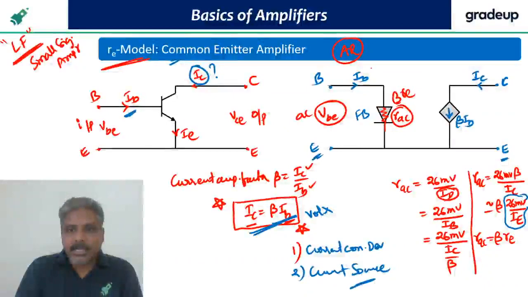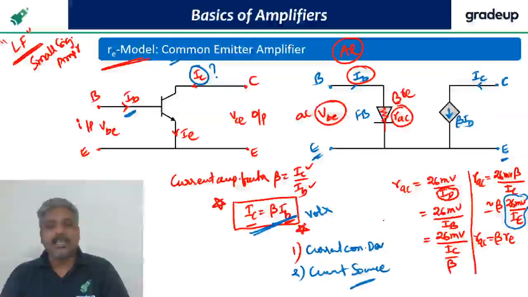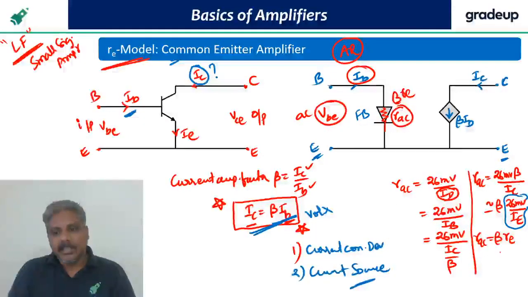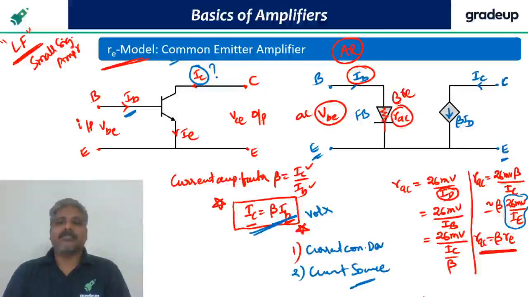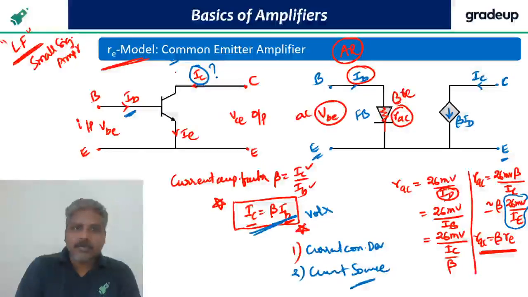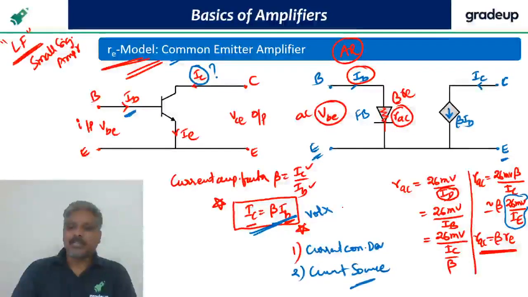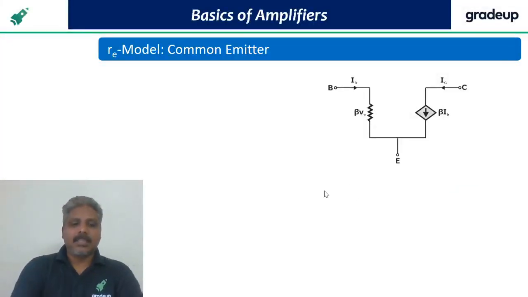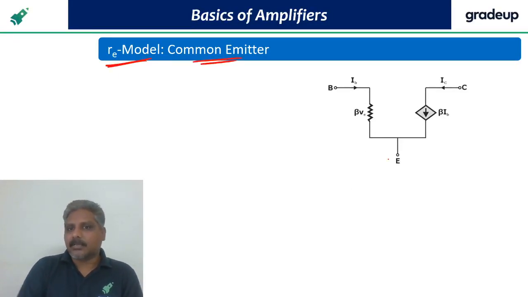Because the input current is different. Input current here is IB, there it was IE. That's why the RAC is also different. If I consider this as beta RE, how is the RE model for common emitter? It is like this. This is the RE model for common emitter.